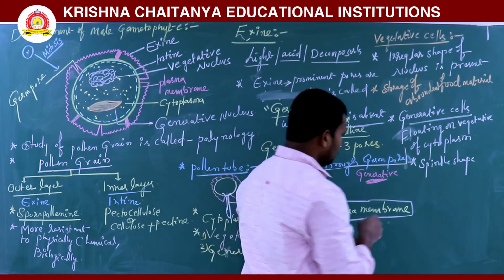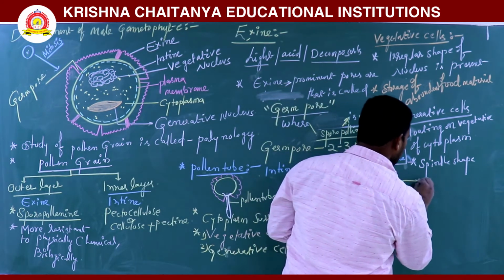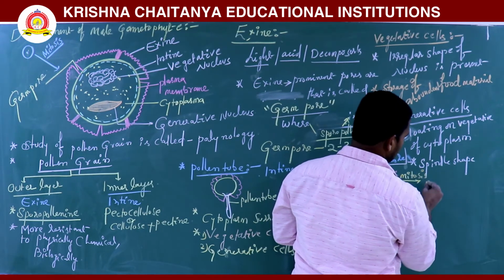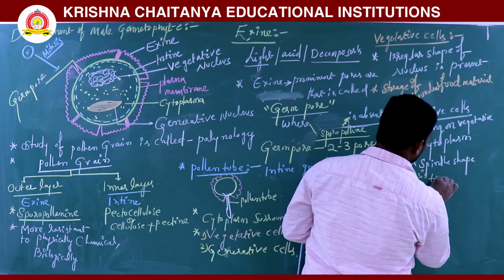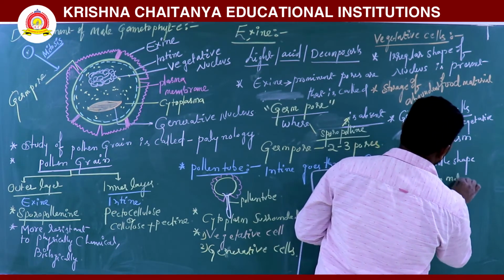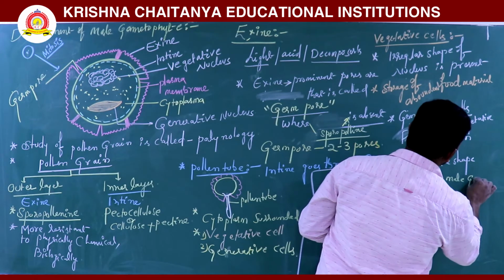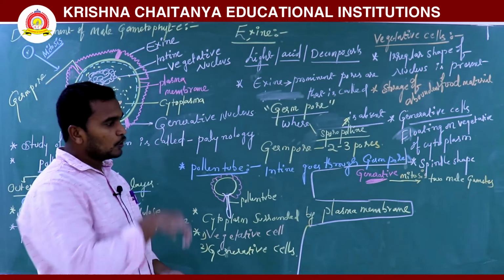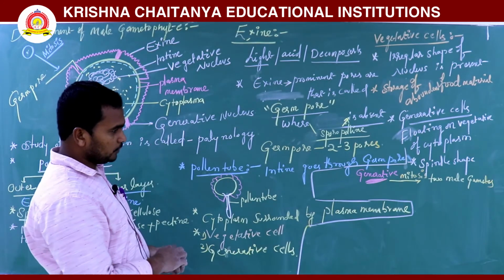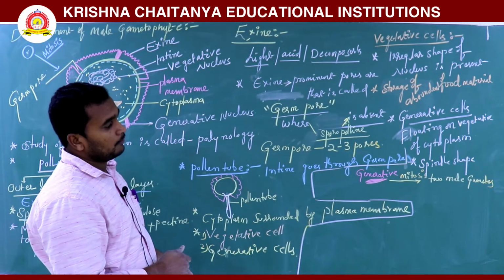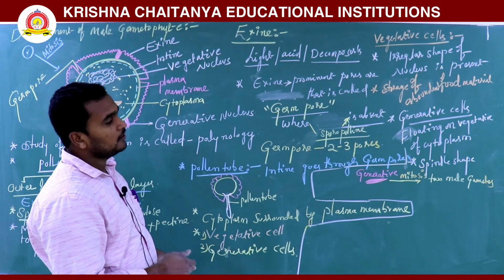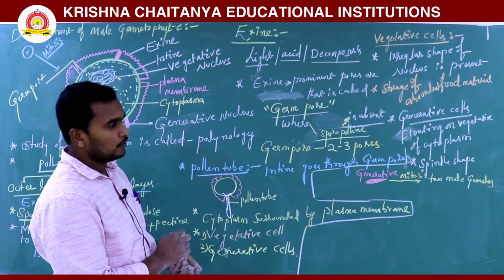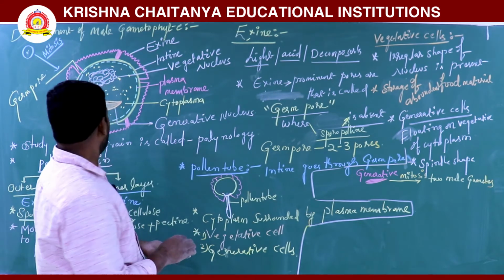The generative cell, by the process of mitosis, produces two male gametes.